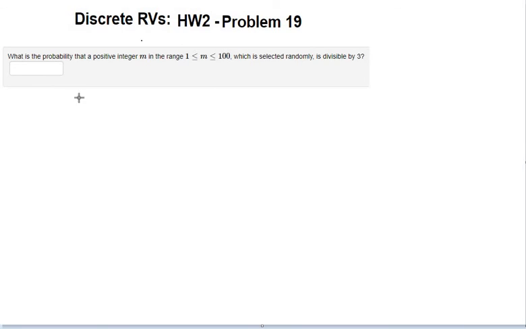Problem number 19. What is the probability that a positive integer m in the range 1 through 100, which is selected randomly, is divisible by 3? So we are looking for the numbers in 1 to 100 which are divisible by 3. They are 3, 6, 9, up to 99.